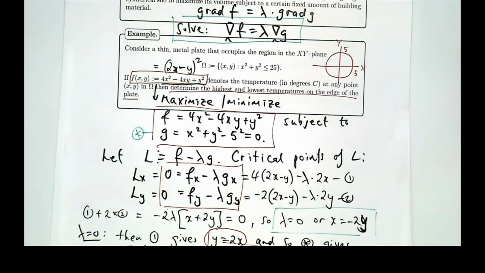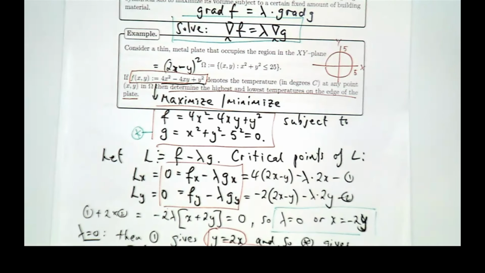What are we trying to achieve? We're trying to determine the highest and the lowest temperatures on the edge of the disk. So actually we're trying to maximise and minimise. If we've got the points of interest, how would we find the maximum and the minimum?